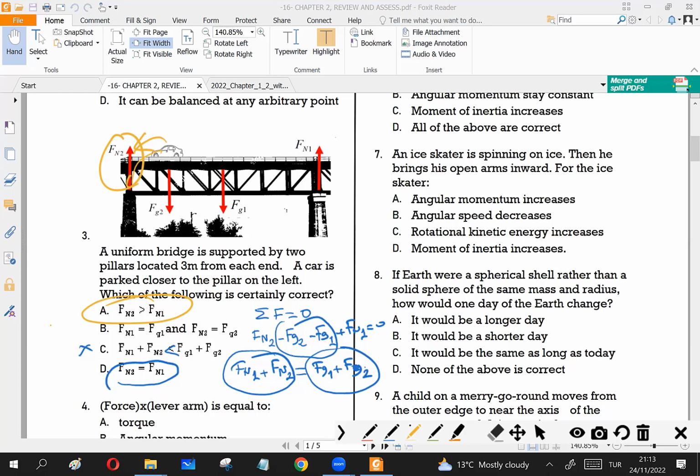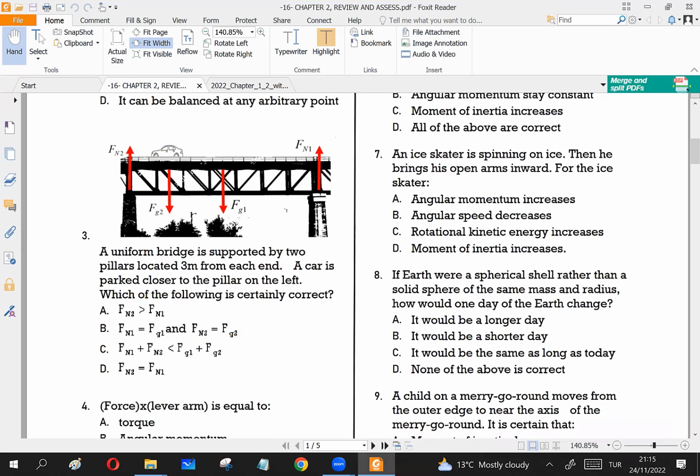So A is correct. For B, there is no such rule. I just wrote them randomly. There is no such rule, we cannot prove this is correct. For C, we said that they must be equal. That's why it's not correct. And also, Fn2 and Fn1 can be equal if there is no car and just the bridge. That's why the only correct answer here is A.